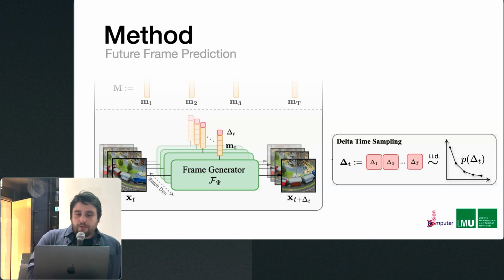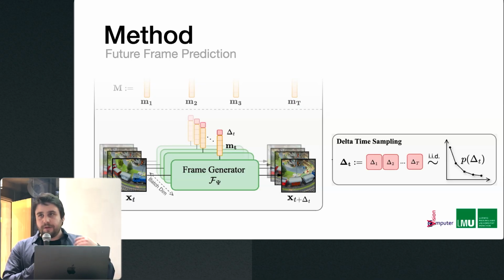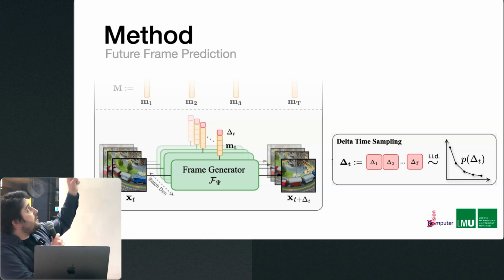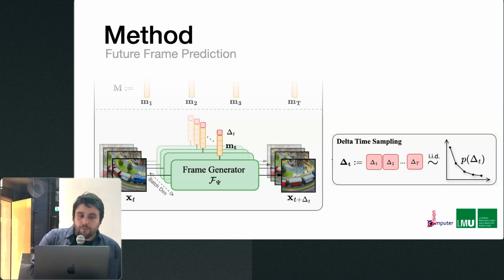We also do not only predict one step into the future, but we sample the delta time, essentially, to make the motion embeddings encode a longer temporal history or temporal horizon, and make them a bit more semantic, because that is also, of course, our goal. What this introduces is that the generator receives two different streams, one content stream and one motion stream.